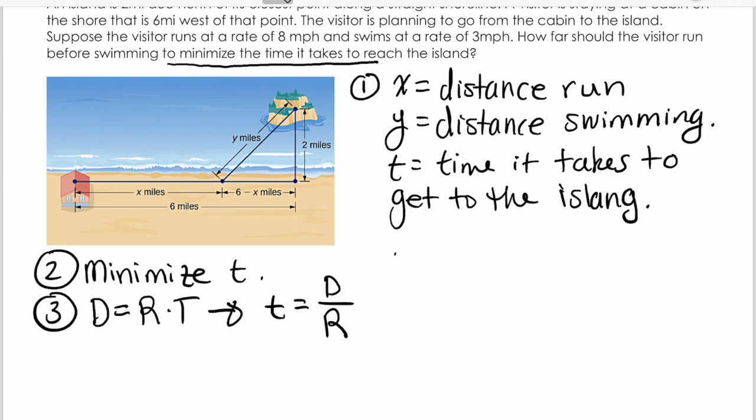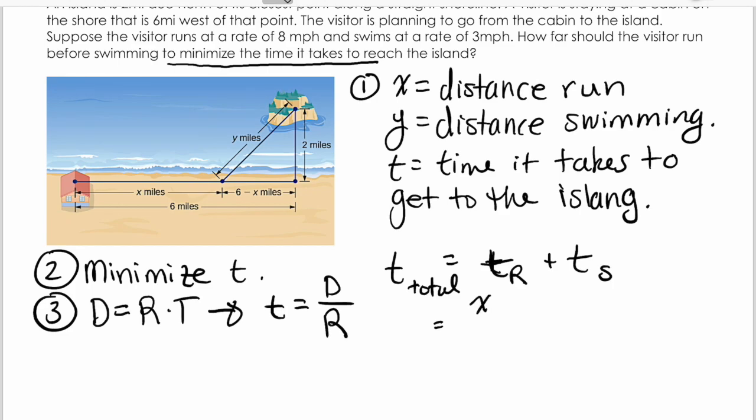So if I write down, let's use t, which is our total time. I'll write t total down here. The total time is the time it takes for the person to run, so I'll label that TR, plus the time that it takes for the person to swim, and I'll label that TS. So the time it takes for the person to run is going to be the distance they ran over the rate that they ran.